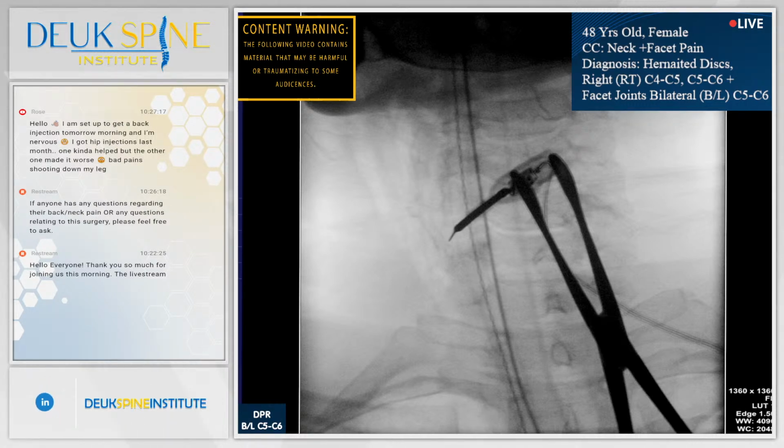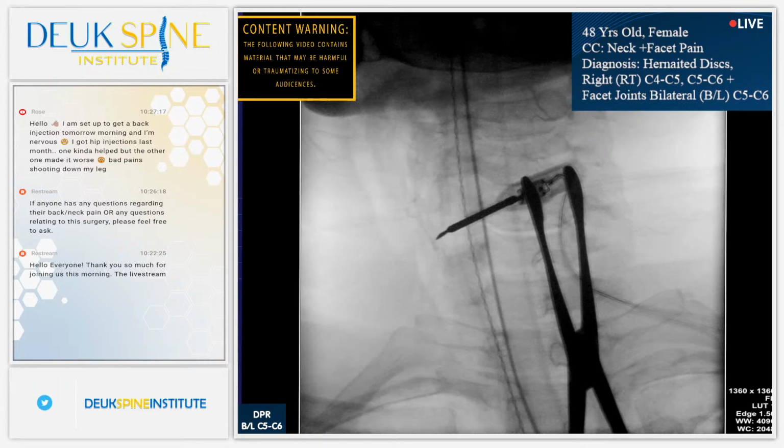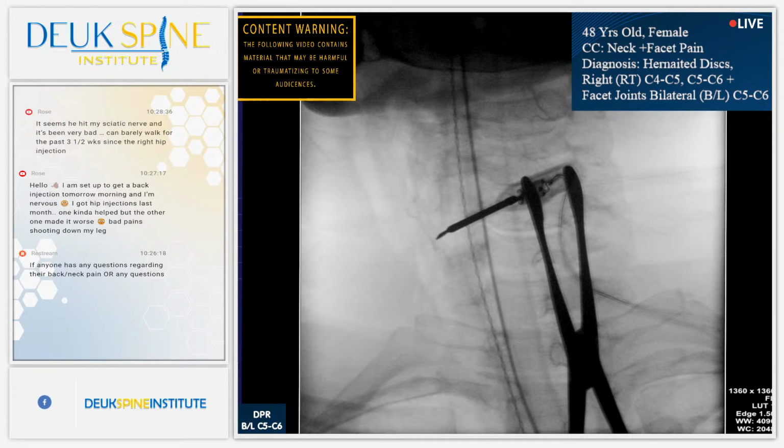We call it the plasma wand. And the plasma wand is movable, so you can move it around to make sure you sever the pain nerve. The problem with regular rhizotomies is that they cannot move around to make sure you get the pain nerve. You have to put the probe in one place and leave it there and burn.